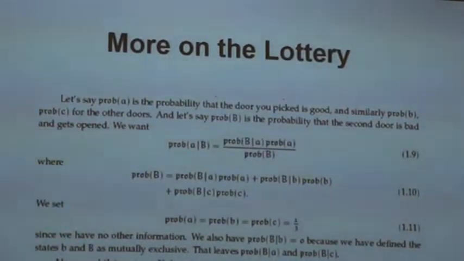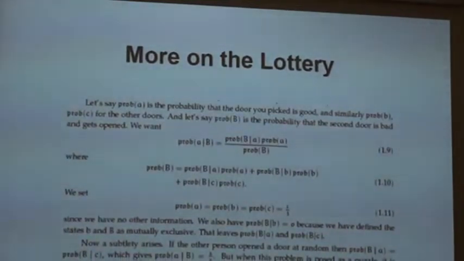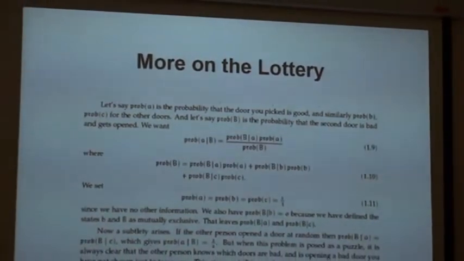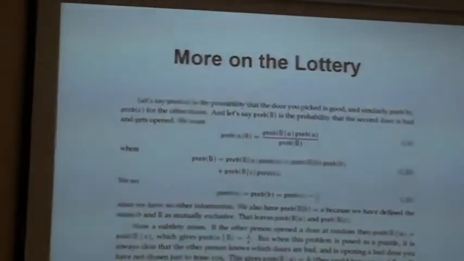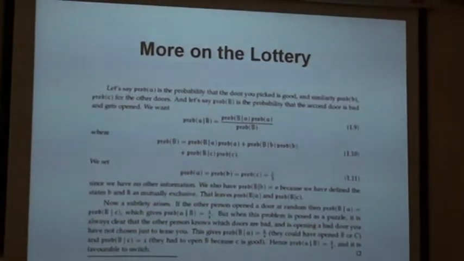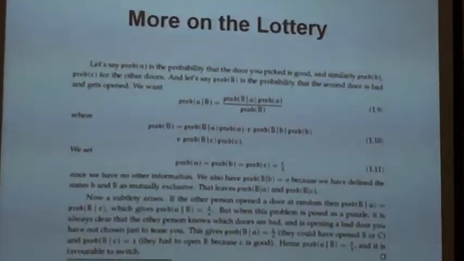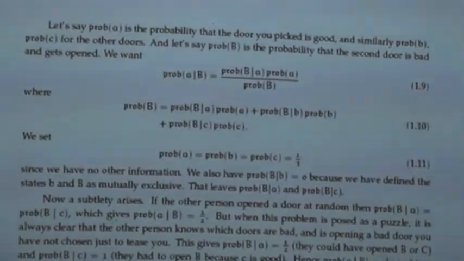Now, probability big B is the probability that the second door is bad and gets opened. And what you want is probability A given B. Meaning, what is the probability of door number A being the right door, given that B has been opened and shown to you to be wrong?